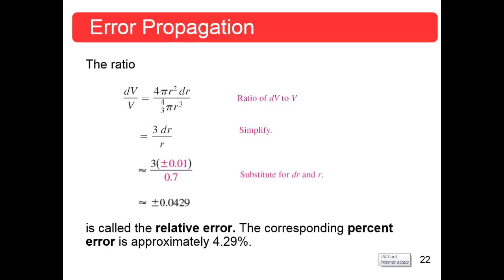So 3 times 0.01 plus or minus 0.01 over 0.7, and that would be plus or minus 0.0429. Now that's called the relative error. It's the error compared to what your original measurement was, okay? That means relative error. Correspond to a percent, move the decimal 2 places, about 4.29 or 4.3%.